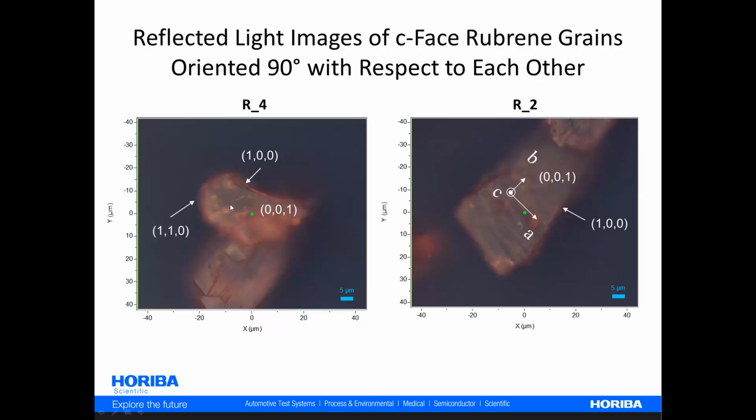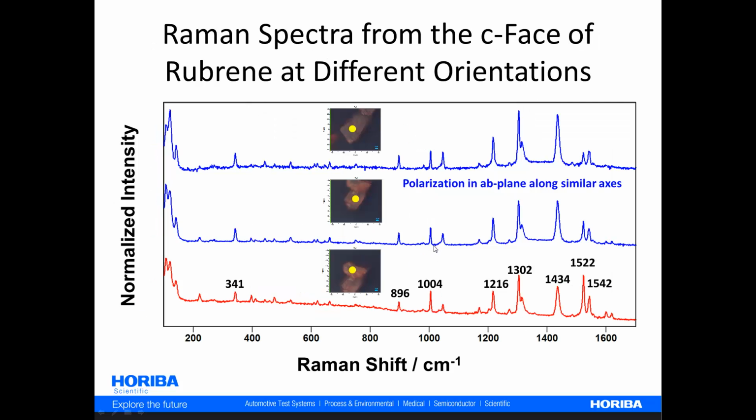And here is another single grain, or let's safely call it a single grain, and that's oriented 90 degrees with respect to this grain. So what is it that we see? And I've included the previous spectrum in the AB plane as well.